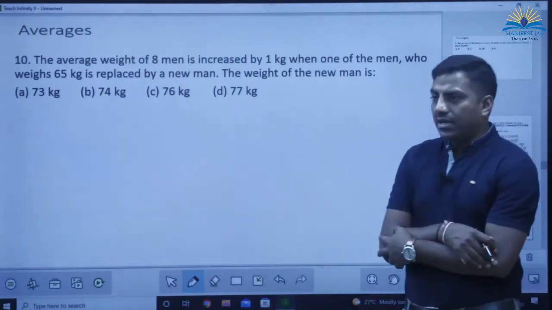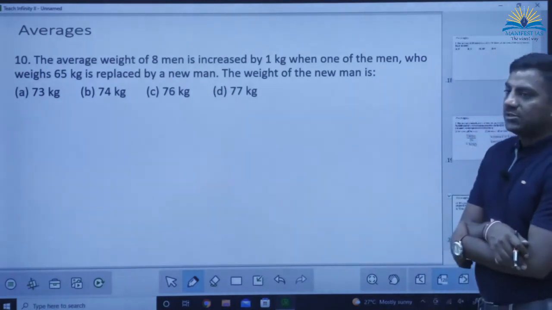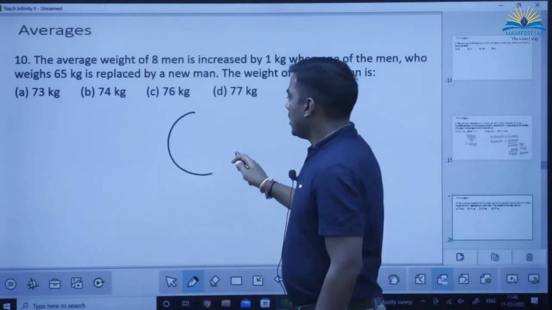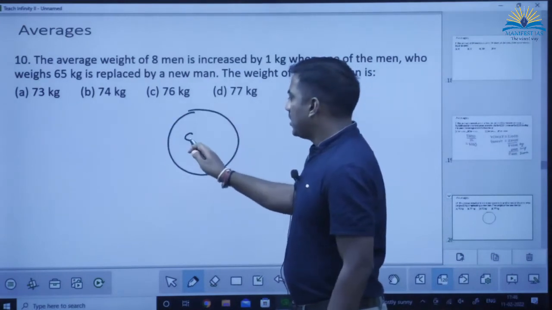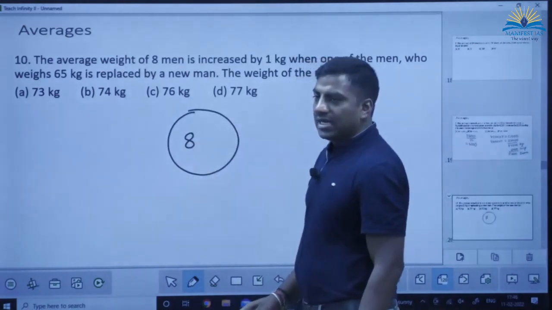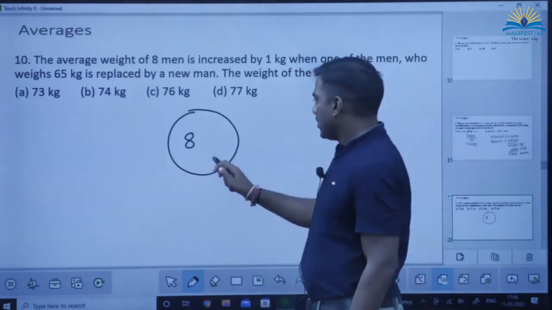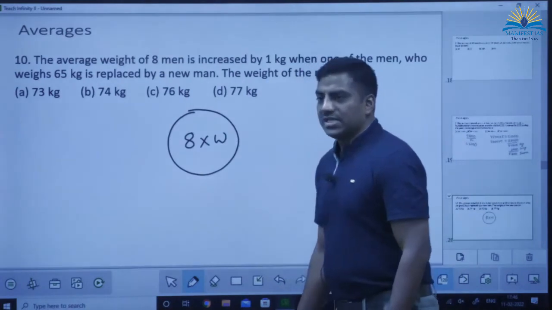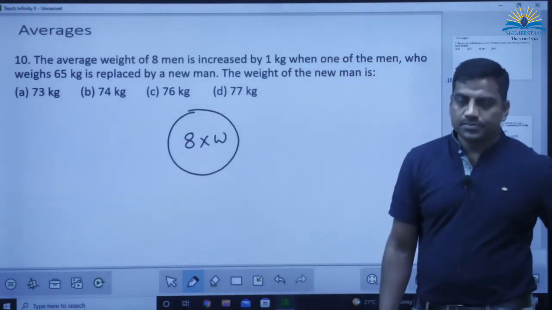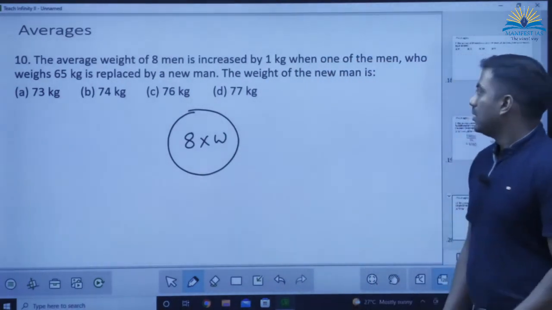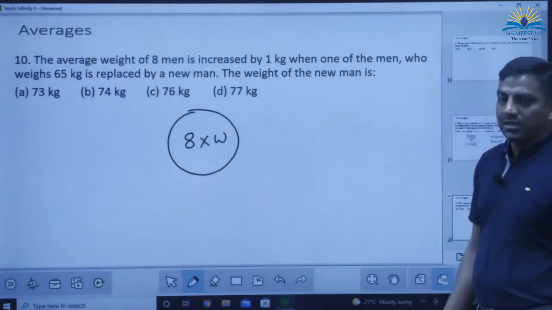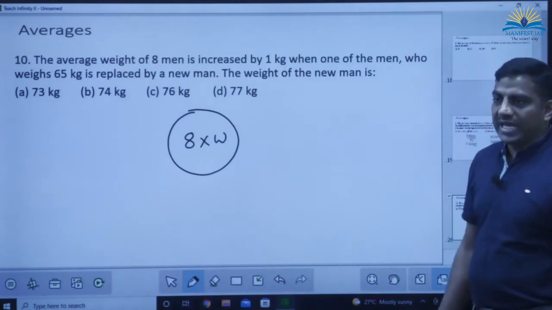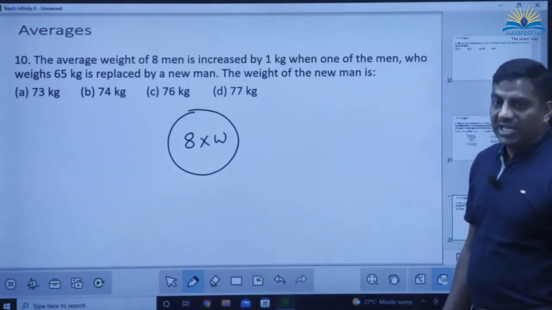The average weight of 8 men is increased by 1 kg. There were 8 men in a group. Let's say their average weight is W. It increases by 1 when one of the men who weighs 65 kg is replaced by a new man.